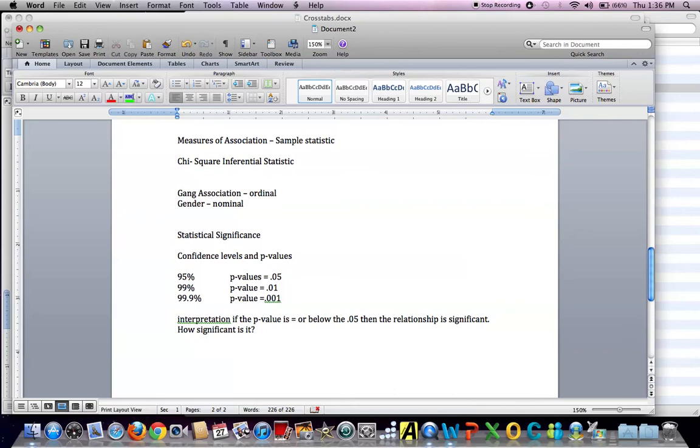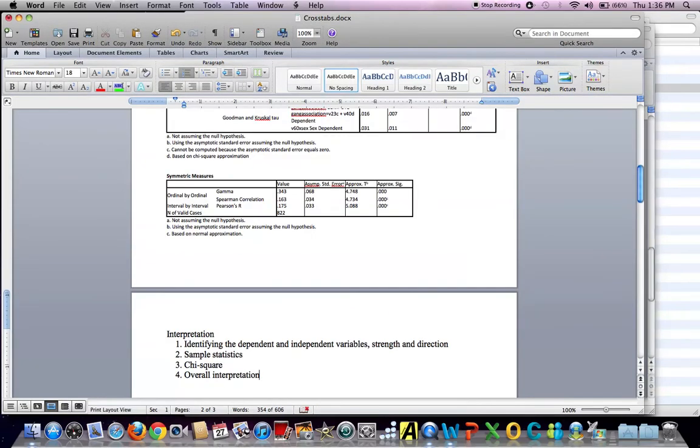And if it's equal to 0.001 or below that, which the only thing below that is 0.000, then it's significant at the 99.9% confidence level. Okay, so if it's at least equal to 0.05 or below that, then it's significant. The question then becomes how significant is it? Okay. All right. So let's get back to the interpretation.